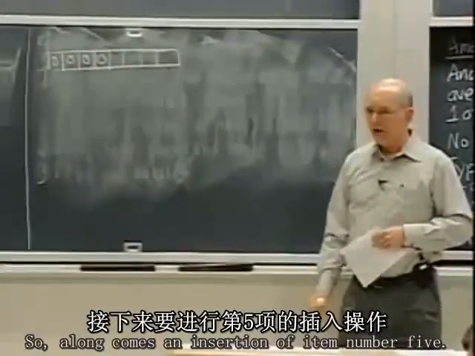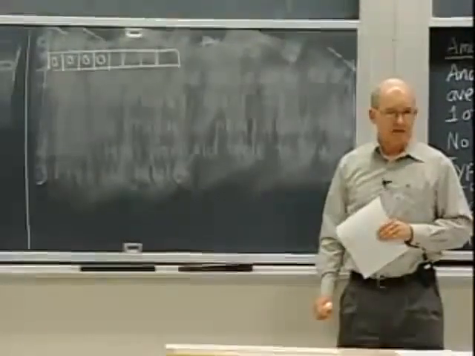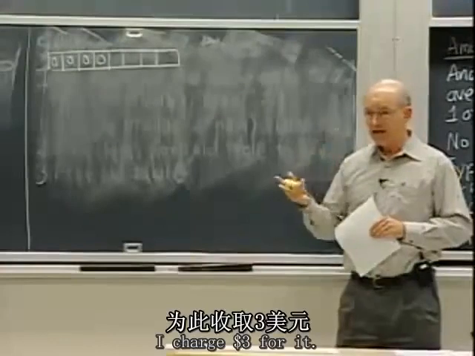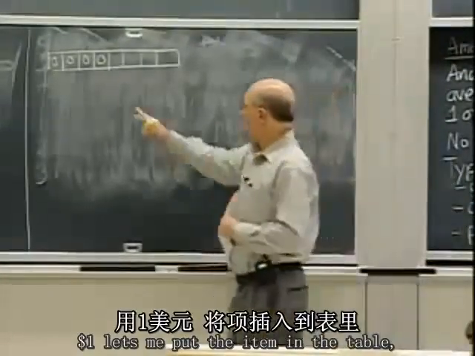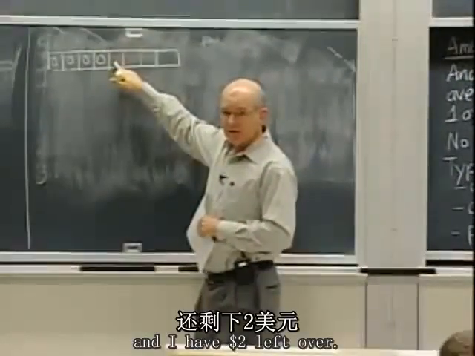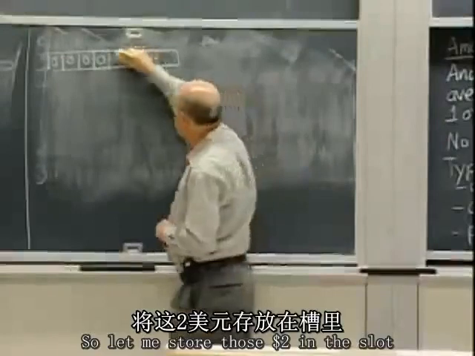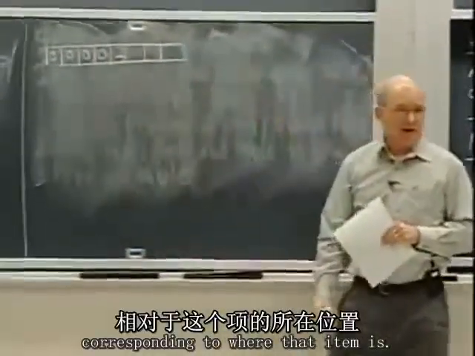So along comes an insertion of item number 5. Okay? I charge $3 for it. $1 lets me put the item in the table, and I have $2 left over. So let me store those $2 in the slot corresponding to where that item is.